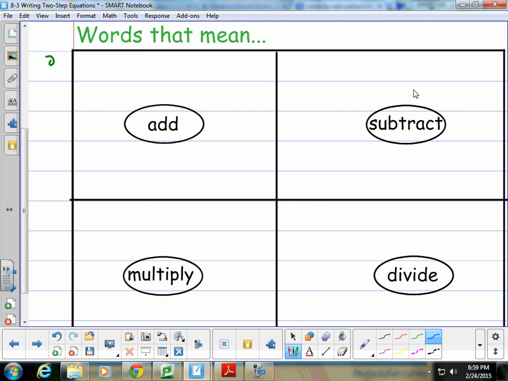So for adding, like we just said, sum could be one of the words. Saying all together could be something. Addend could be something.